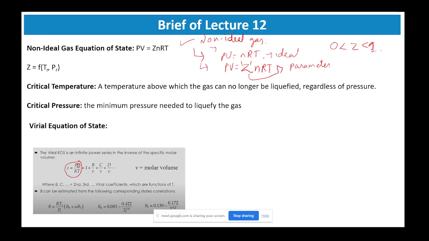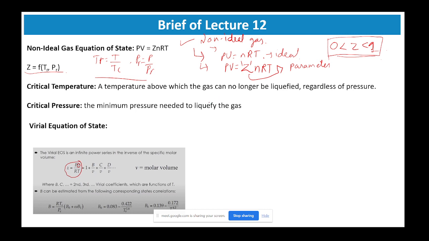So this is the range of value of the compressibility factor. Now this Z is always a function of the reduced temperature and reduced pressure, like TR is nothing but T by TC, and PR is nothing but P by PC. So this is how Z is related to these terms.